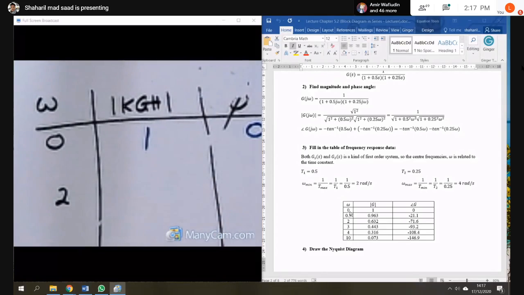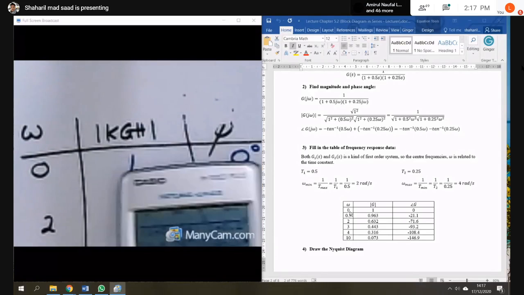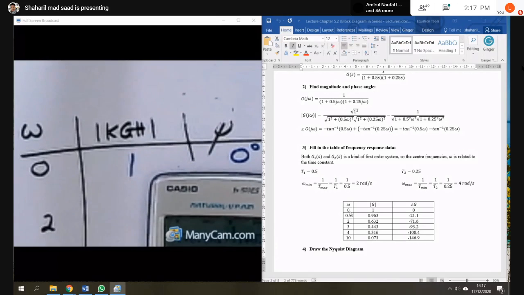Okay, then you can repeat for the frequency equal to 2.